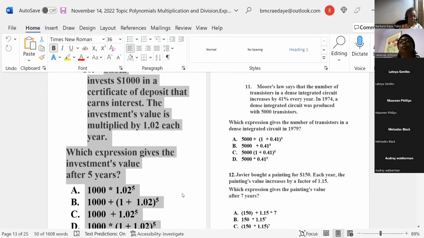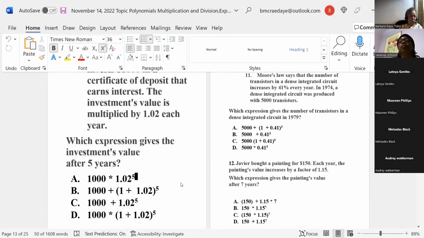The investment value is 1.02 each year. What expression gives the investment value after 5 years? Now, 1.02 means you are adding 0.02 to 1. That's the increase. See, this is given to you already.